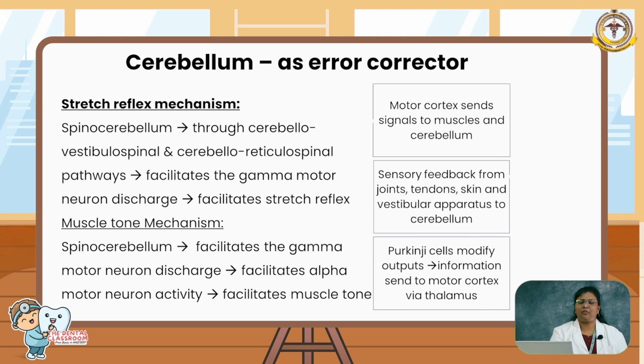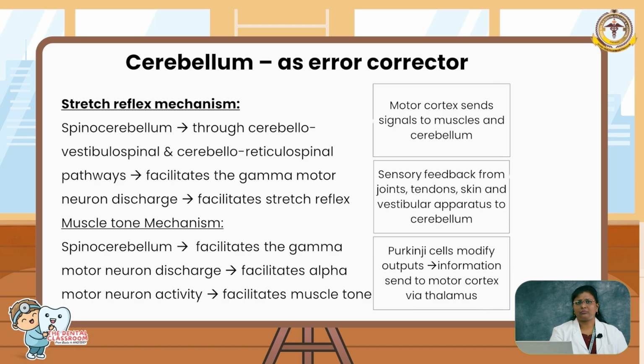So how will it be done? For example, if a person needs to run on a runway which has multiple stones. What will be the sensory inputs via the visual? All the sensory inputs will be sent to the motor cortex, and from there to the spinocerebellum.